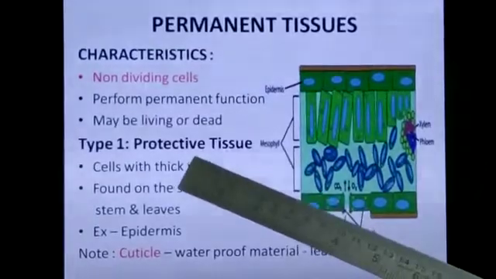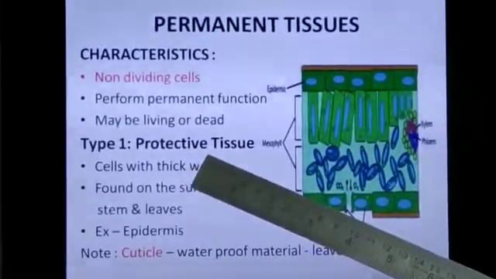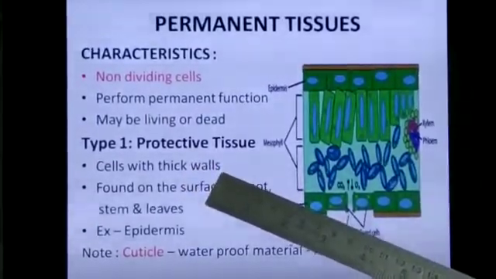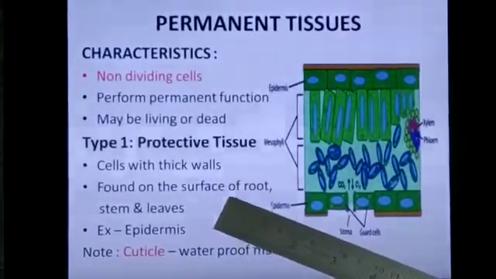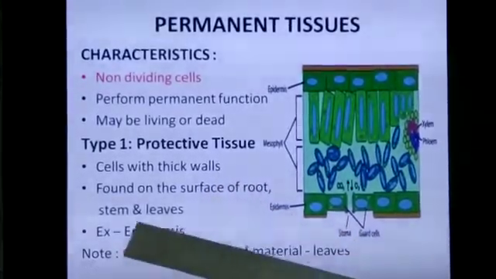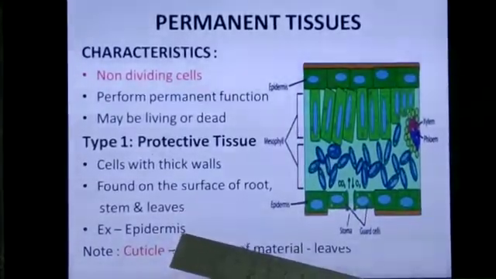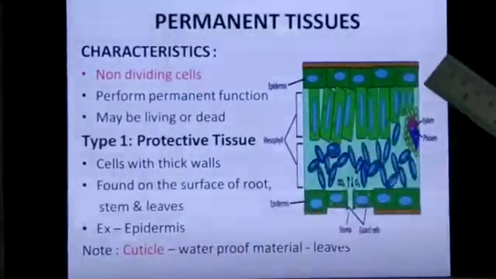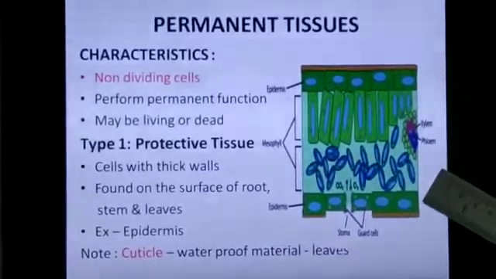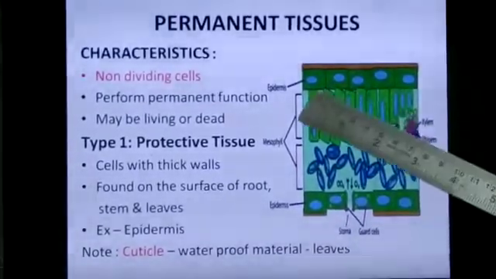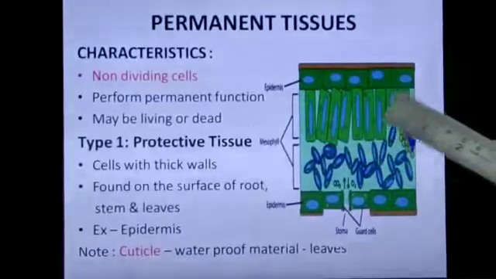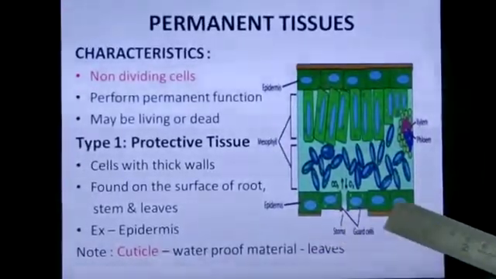The term itself says that they give protection to the plant parts. So therefore these cells have thick walls. They are found on the surface of root, stem and leaves. Example of protective tissue is epidermis in leaves. This transverse section of leaf figure shows epidermis here. This is the upper epidermis and here is the lower epidermis.